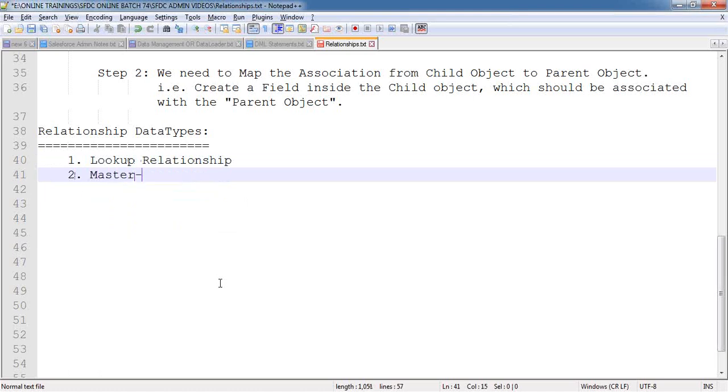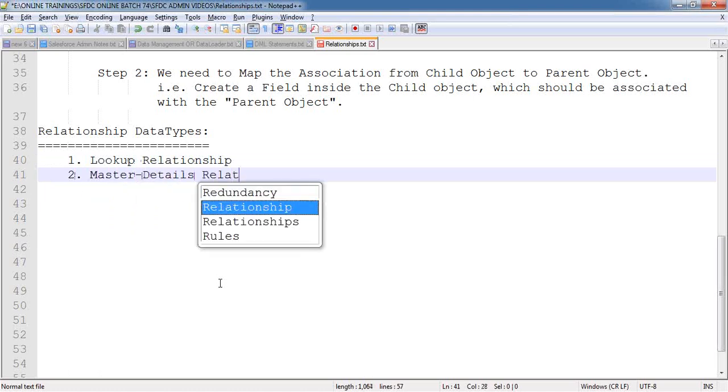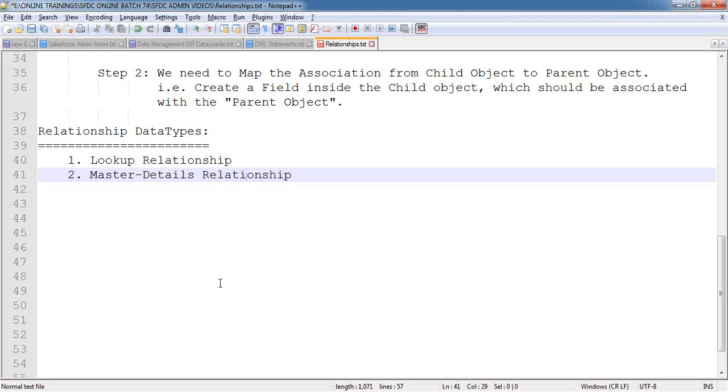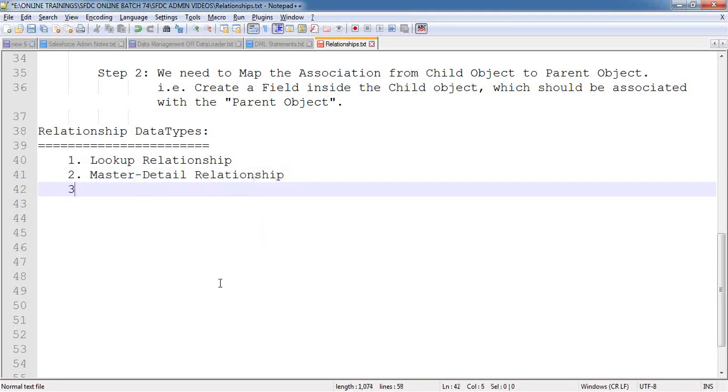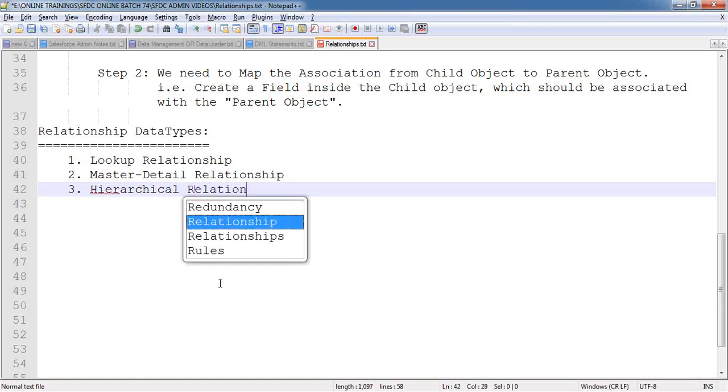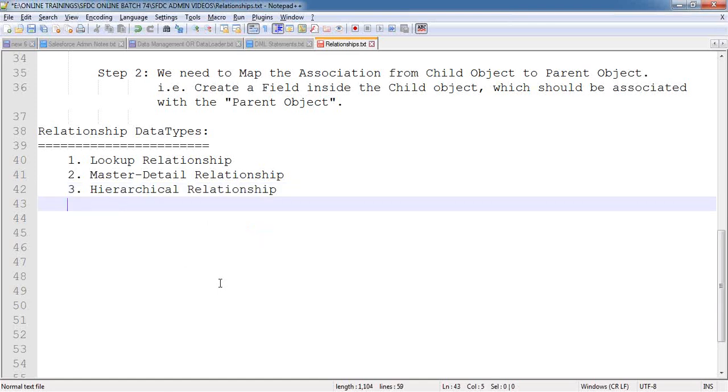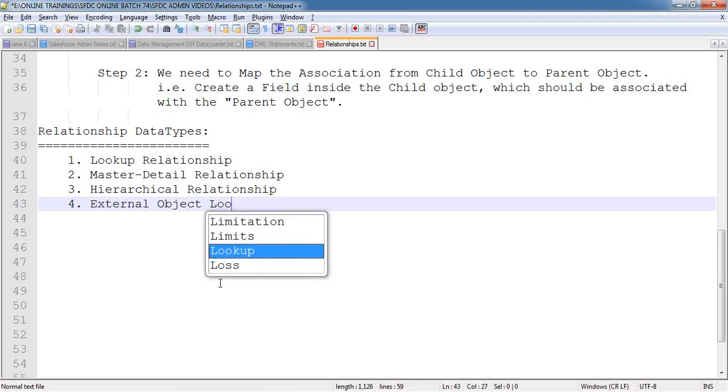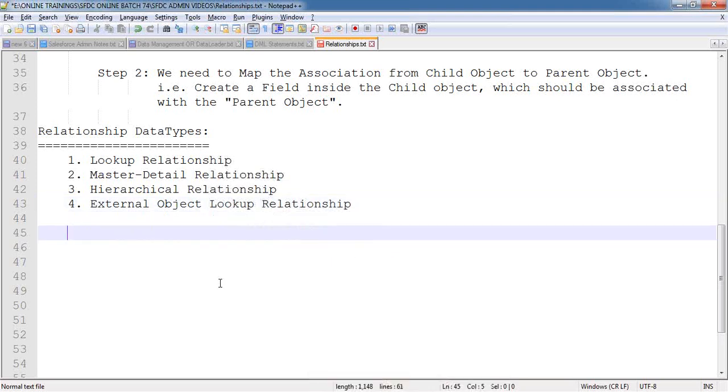And the second one, the master detail relationship data type. Third one, hierarchical relationship data type. And the fourth one, external object lookup relationship data type.